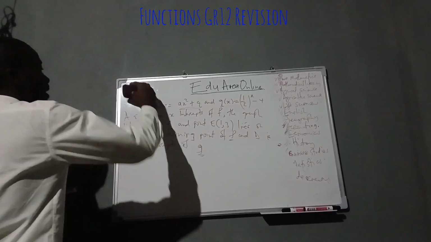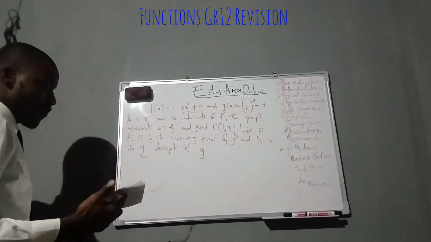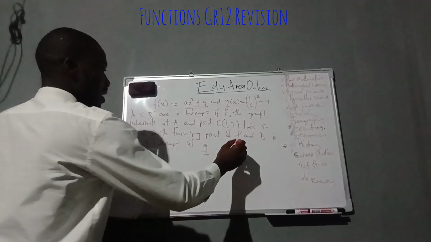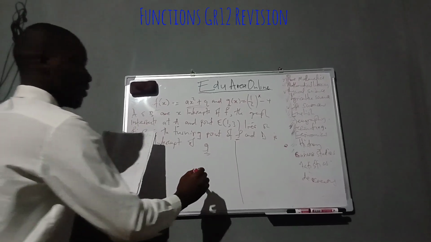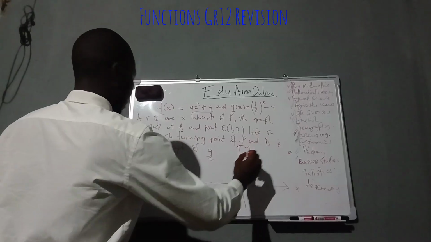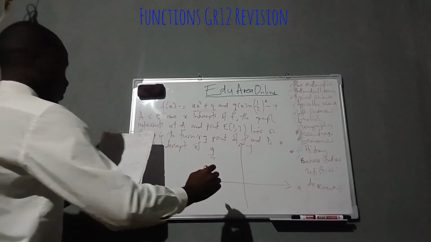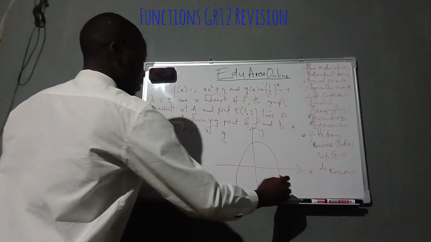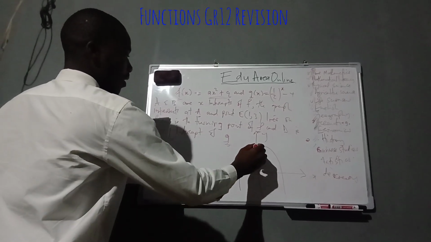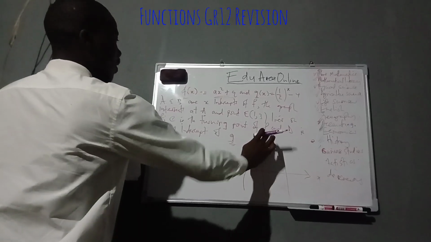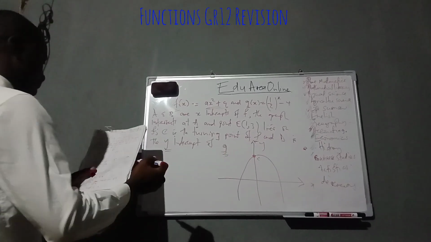This was just an interpretation. So the graph on the diagram in the question is like this. It is drawn like this, where this is x, this is y, and there is a curve like this, where this point was named C, the turning point of f, the parabola, right?